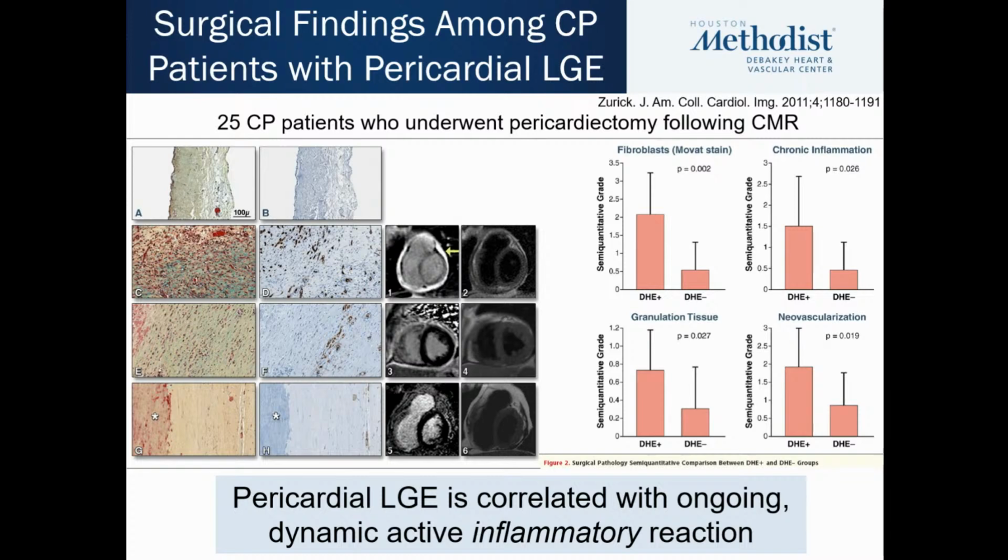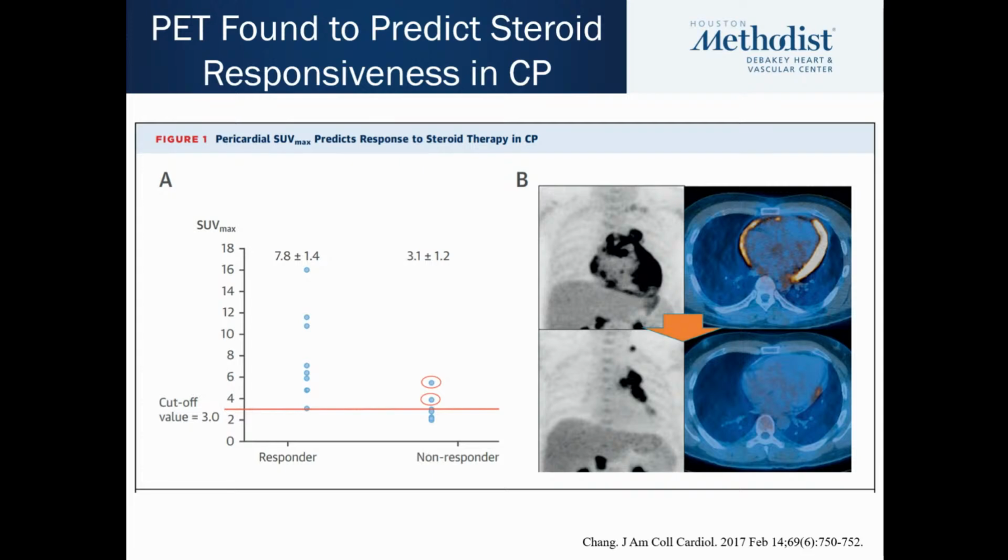So histologically, this is what this LGE uptake means. And not to leave PET out of this, there have been some case reports showing that with FDG PET, you can also show evidence of inflammation in the pericardium, and that the degree of intensity of FDG uptake, as measured by your SUV, can predict future recurrences.